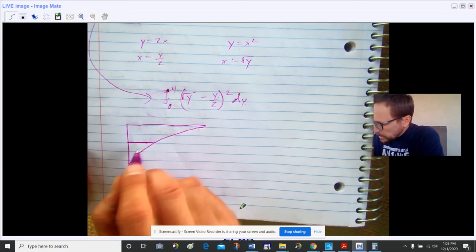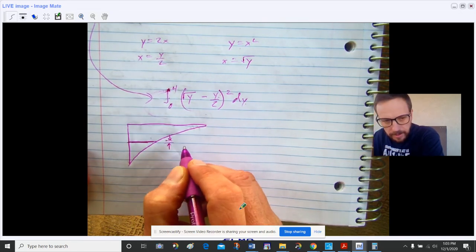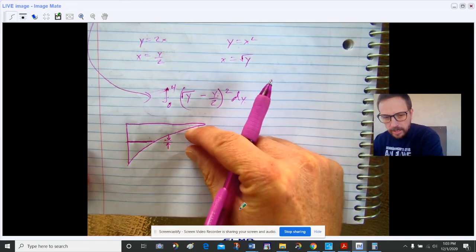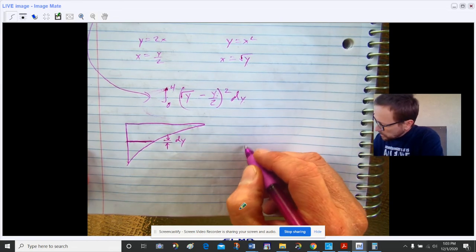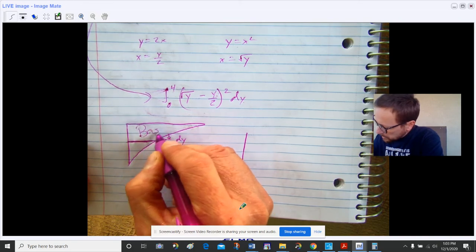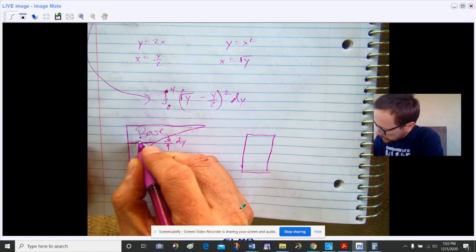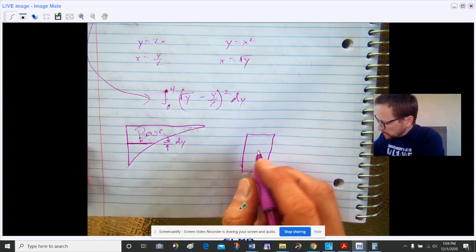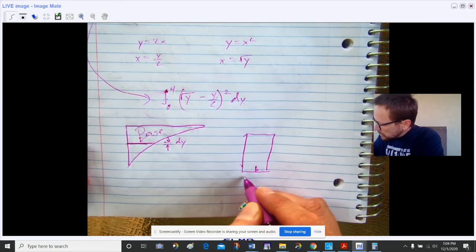So yeah. Anyway, our perpendicular. So we got these sections, and they're perpendicular to the y-axis, so they go like this. And again, a little bit of change right there is dy. Now, remember, this is the base. So we can call this little b. That's our base right there.